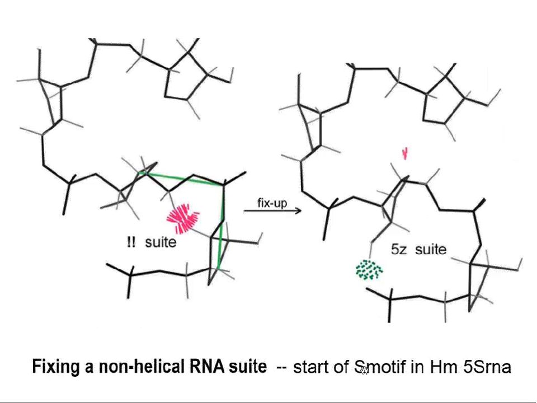So, for instance, here's an example from one of the ribosomes where this suite is not one of the recognized ones. So bang bang means that it isn't in our list of 56. It doesn't mean it's necessarily wrong, but most of the time it does, of course. And it has a really terrible clash here. These two hydrogens are overlapping by about an angstrom, which is just not physically possible.